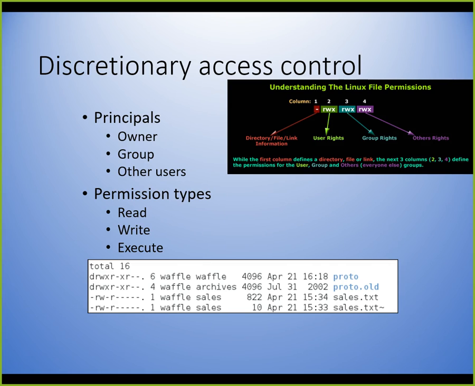Discretionary access control, assigned by the owner. And in this one, this is back to the Linux that we have, the owner, the group, and all other users, and we have the permissions here. The first read, write, and execute would be the owner.